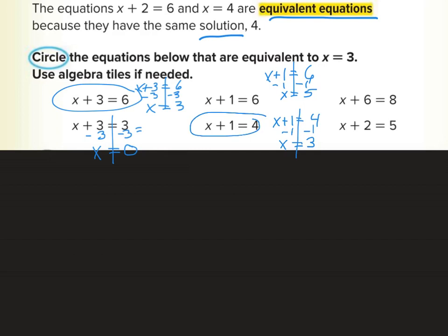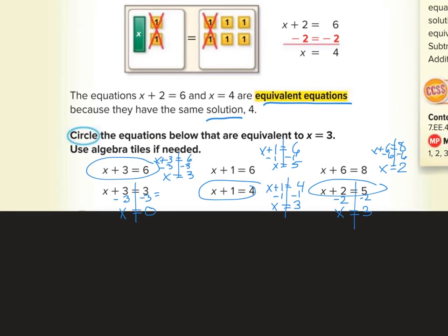Then the other one, x plus 6 equals 8. If I subtract 6 from both sides, I'm left with x equals 2, so that doesn't work either. But this one, if I subtract 2 from both sides of the equal sign, I'm left with x equals 3. So this one does work.